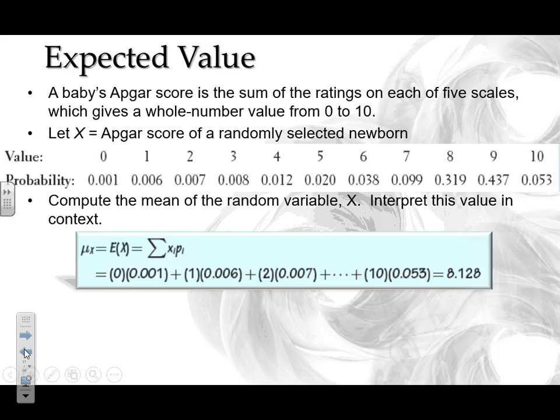With this value of 8.128, the next thing it said to do was interpret. So what does this mean? Okay, so average value of what? We need context.